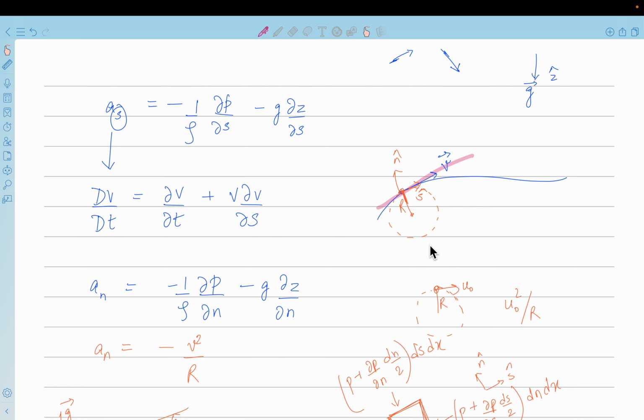Acceleration is dv by dt, and velocity has two things: the speed, which is the numerical value, and the direction. So acceleration can be because of change in the speed or because of change in the direction.